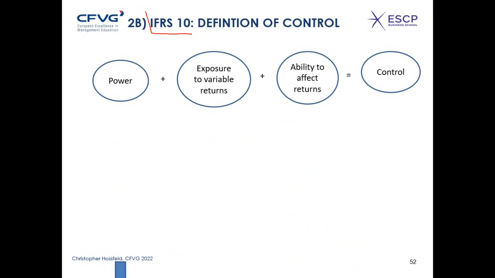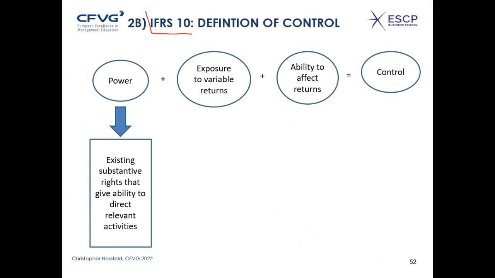IFRS number 10 specifies control and power by saying power means that you have substantive rights that give the ability to direct relevant activities. Okay, so here are the two important things. Substantive rights, okay, we have to make a distinction between substantive rights and protective rights.